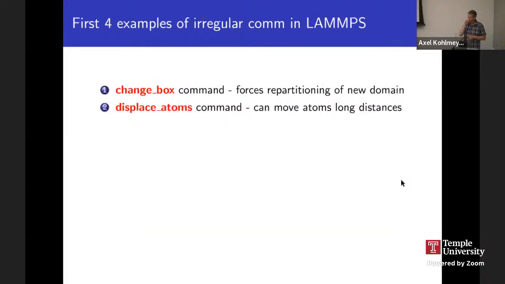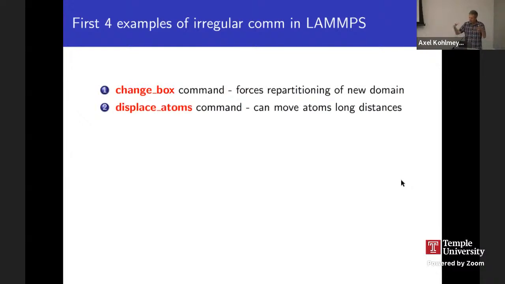So here are 4 commands that can do this kind of operation legitimately of moving atoms long distances. You may not have used these commands, but under the hood, they're using this irregular communication. So one is change_box. You have some atoms and you change the box dramatically, maybe the shape or the size. Maybe you're wanting to create some empty space so that you can add new atoms. This could be in the setup part of your calculation.